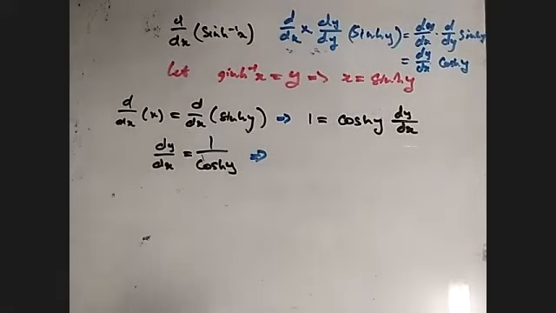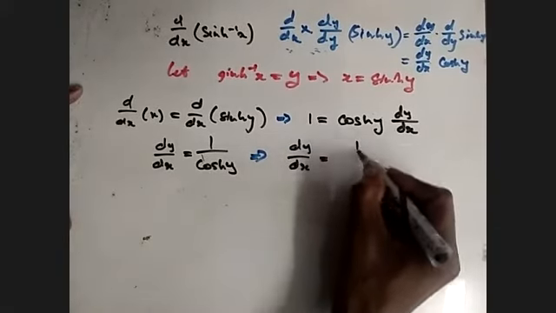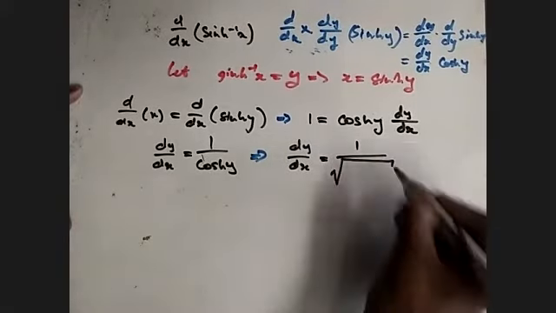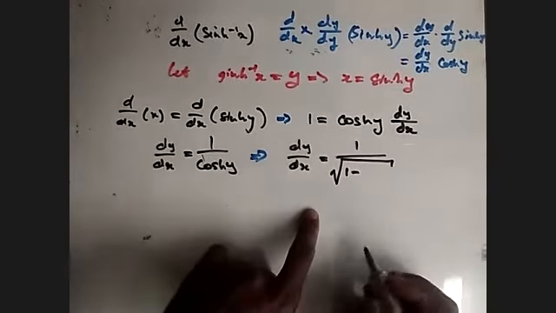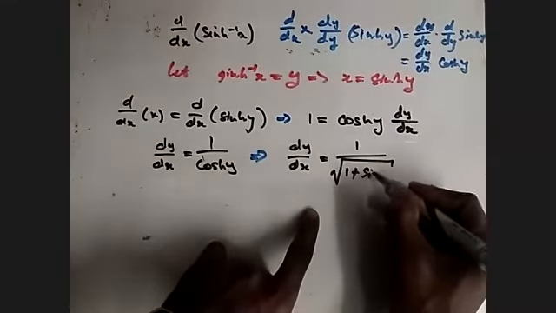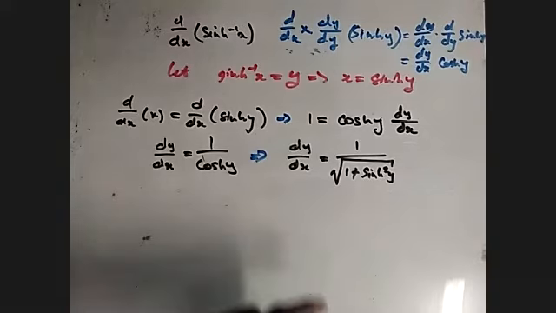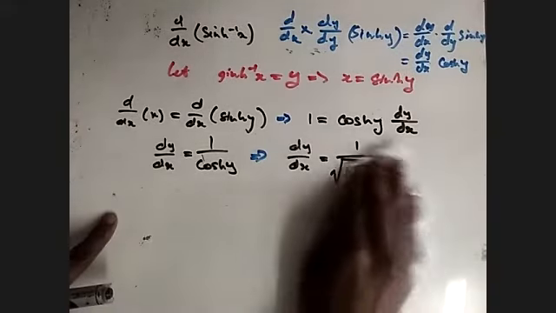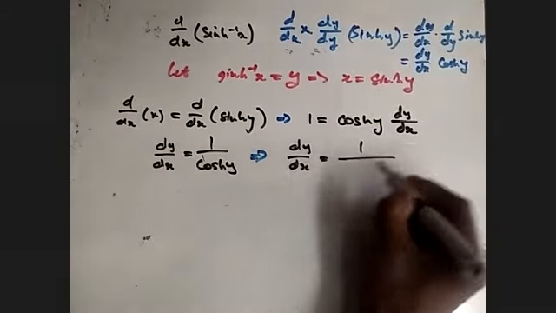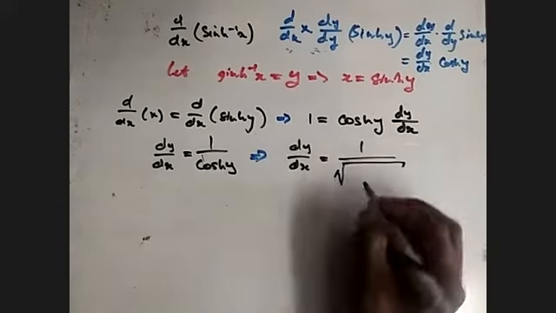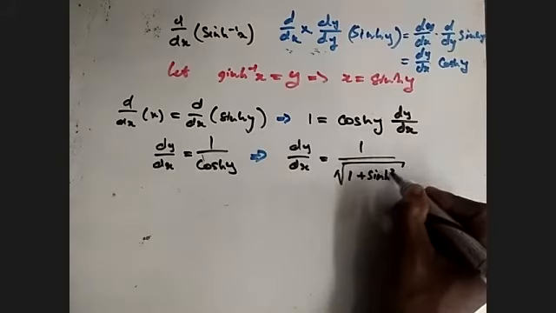And the identity I'm going to use in this case is dy/dx equals 1 over the square root of, you remember, 1 minus, it's actually 1 plus sinh squared y. Okay. Now, before I move on with this, I want us to look at something. It's 1 over the square root of 1 plus sinh squared y.